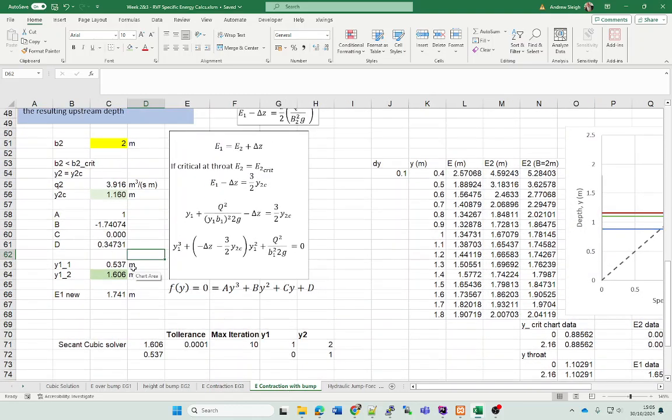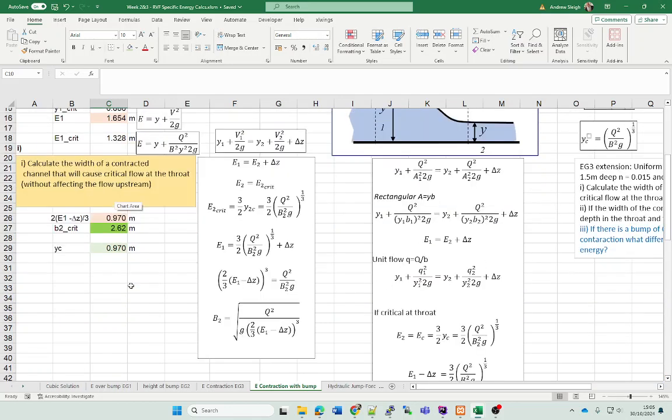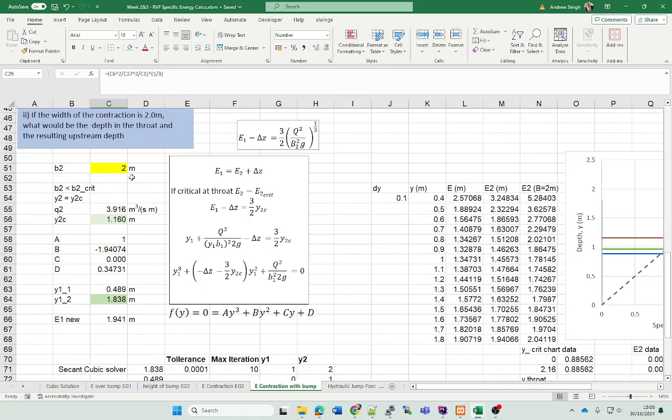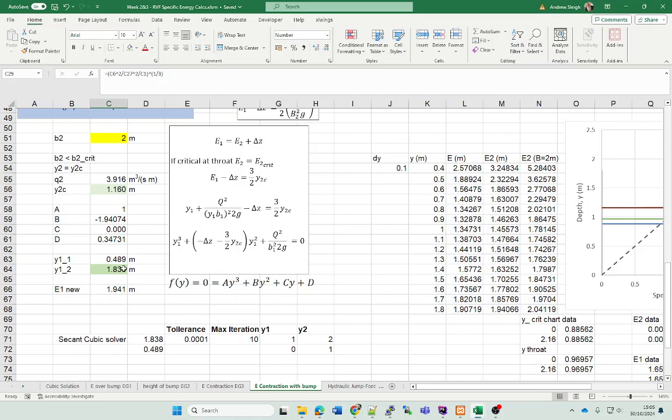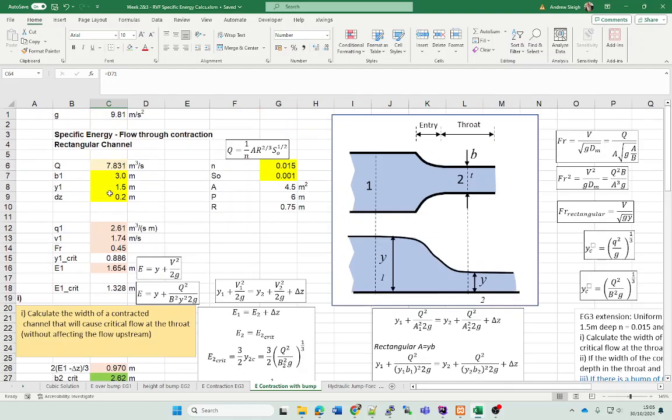But what happens when we increase the bump from 0 to 0.2? Remember, we got a decrease in the Y critical. And we're reducing the width even further, so we get a 1.863838 upstream. That's the depth has increased from the original depth 1.5.